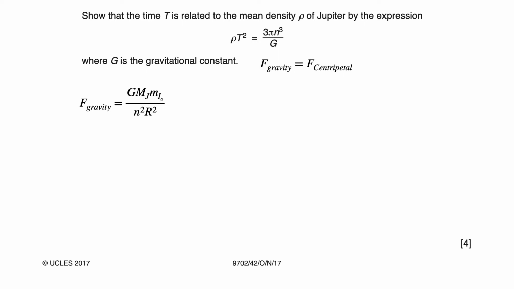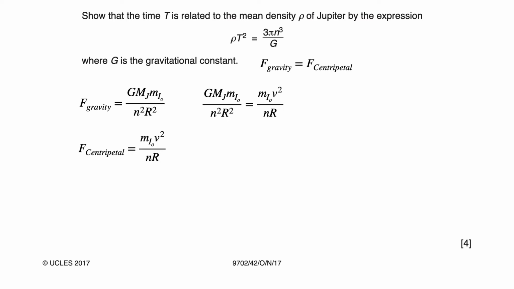Now the distance between them is nR, so the square of the distance is n squared R squared. The centripetal force we know already: m v squared by r. What is the mass here? Mass of the moon, M Io, and then velocity v squared. Now this is velocity, we have to pay attention a little. The distance from Jupiter to the moon, what we call the radius, is nR.